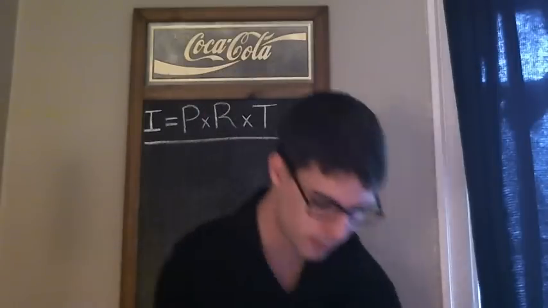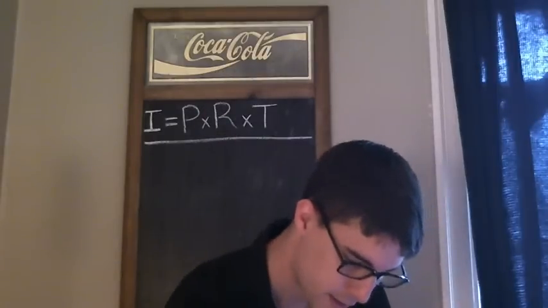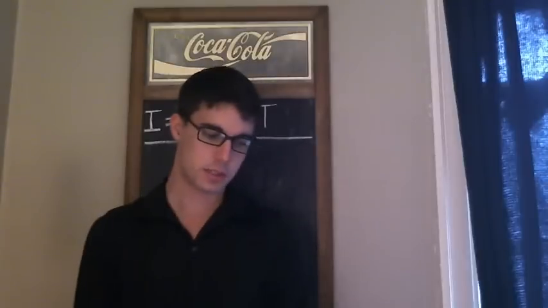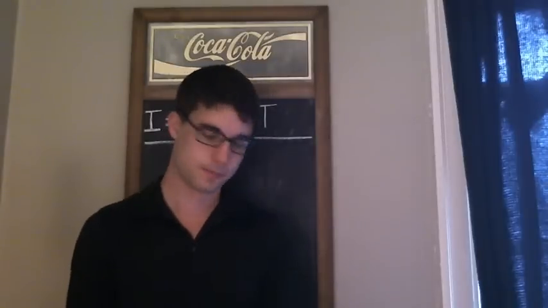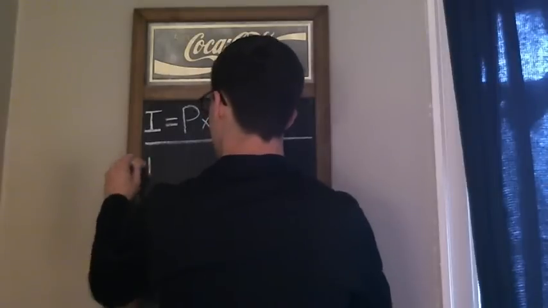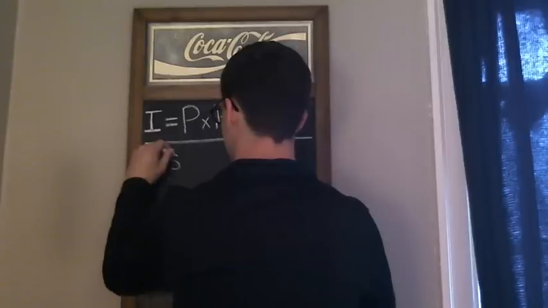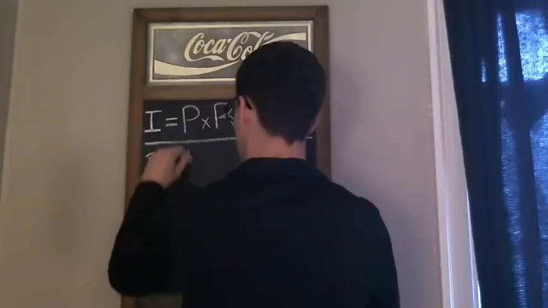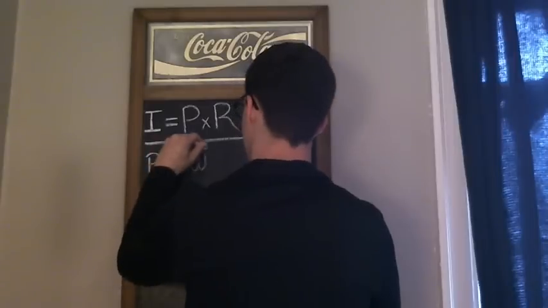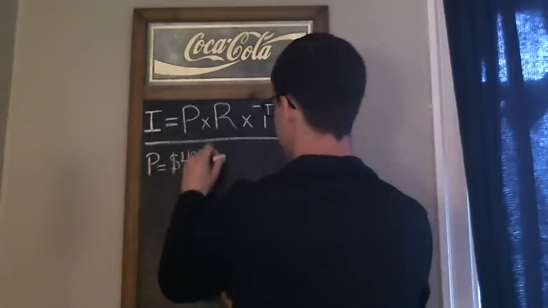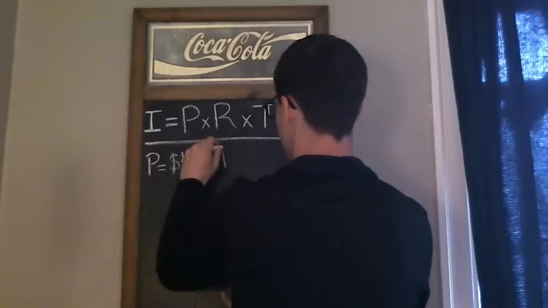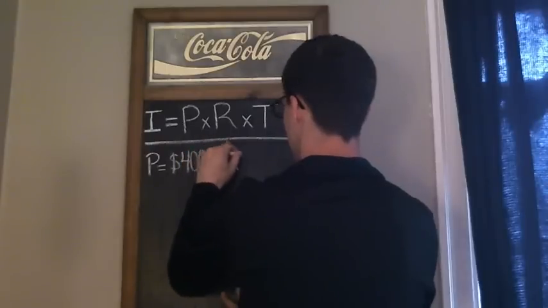So we're going to be going to example number 1, and there are 3 little examples there. We're going to start with example A, and it says your principal is $4,000. Your rate is 7%.